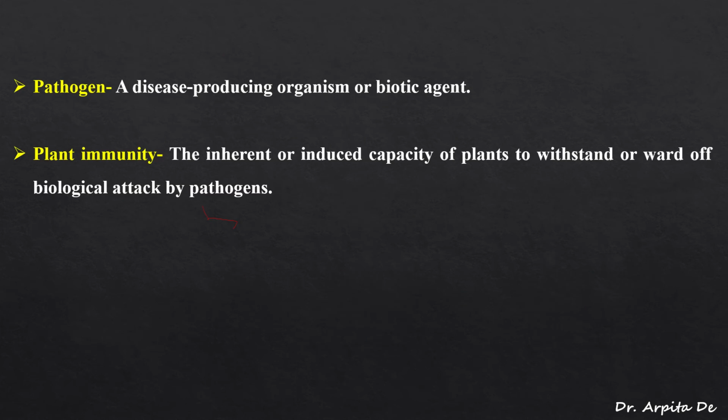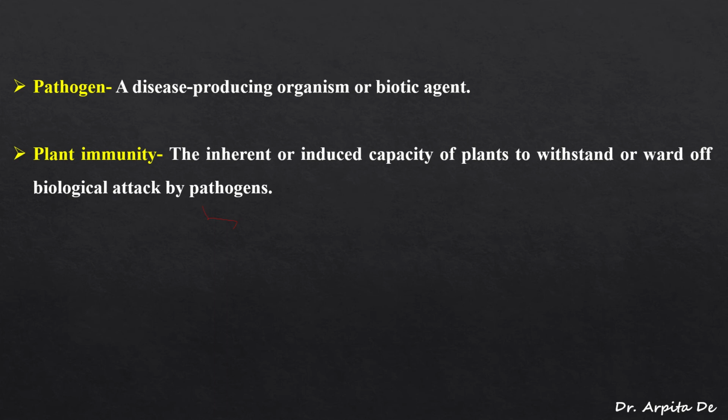Now, what is a pathogen? You know, a disease producing organism or biotic agent. Plant immunity is what? The inherent or induced capacity of plants to withstand or ward off biological attack by pathogens. See, by now, there is no one who doesn't know the meaning of the word immunity.